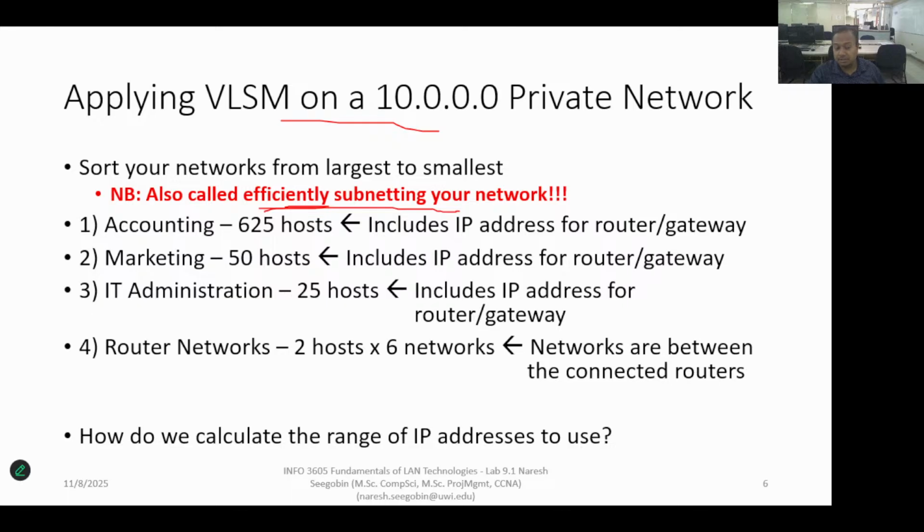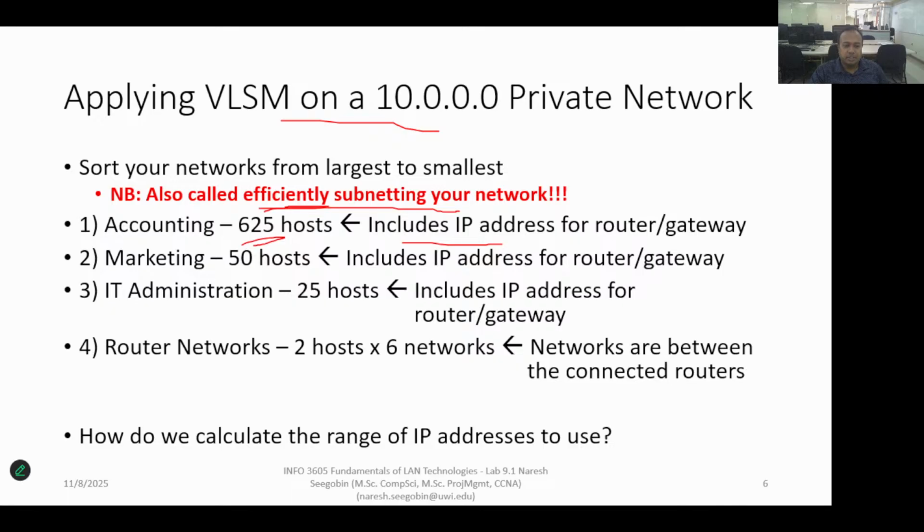This subnet has worked for the last, I'm going to say, 20 years, in terms of expansion. Maybe later on another lab is built and we have to use the same kind of subnet, so it might grow. Anyhow, accounting is 225 hosts, that's the largest. This number includes the IP address for your router and your gateway.